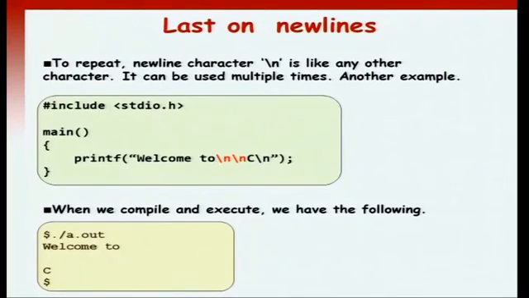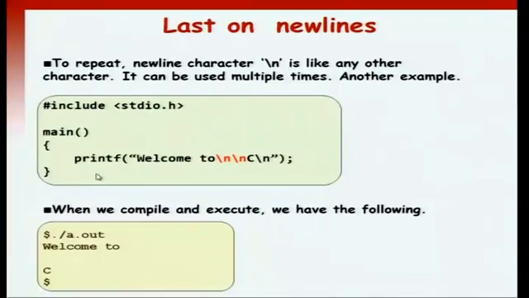Let's just conclude by saying one more thing about new lines. The new line character \n is like any other character, and you can use it multiple times even within a single message. For example, if I do the same program, but let's say I have "welcome to\n\nC\n", so I have repeated occurrences of \n in the same message.